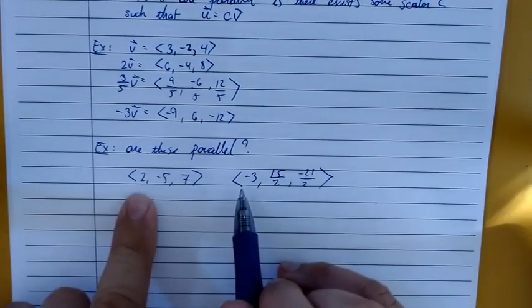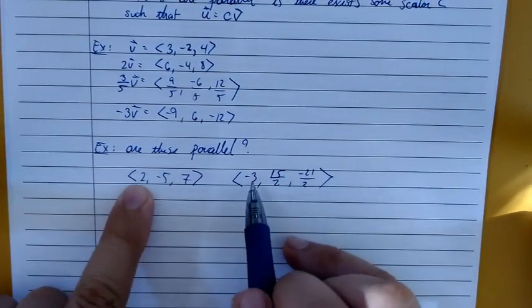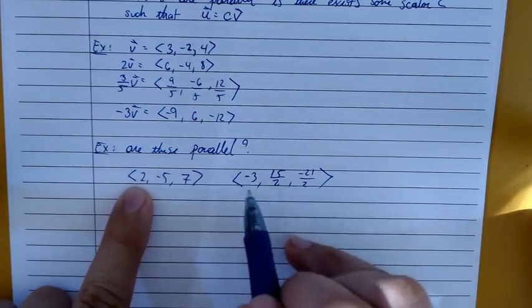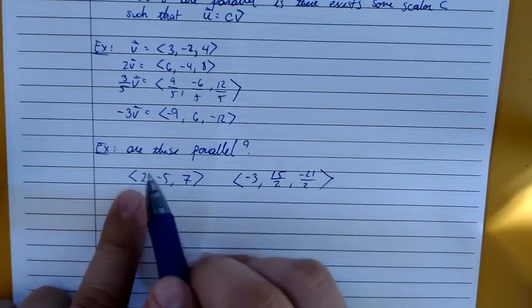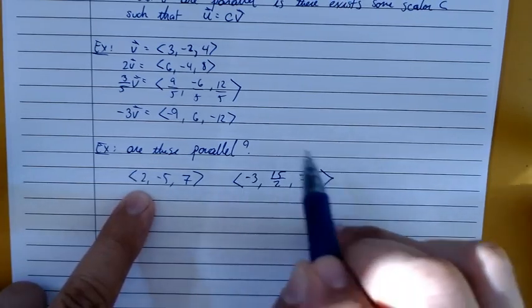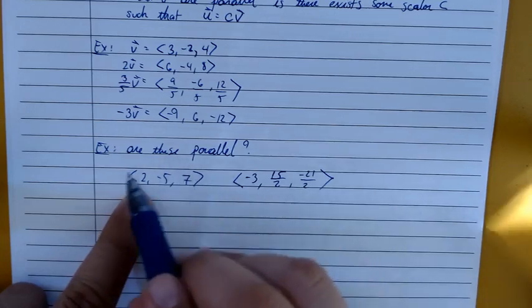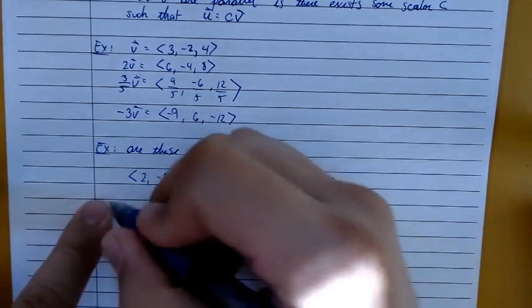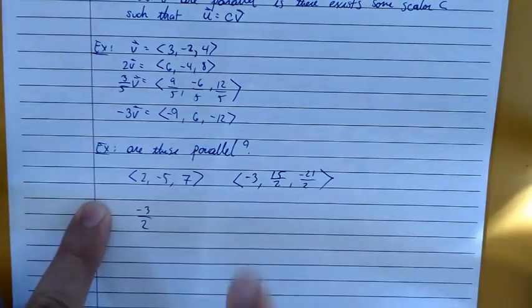Well, you can compare the scales between one and the other. Go ahead and divide these. I'm going to take the first component of the second one divided by the first component of the first one. I can do it the other way around, but let me be consistent. If you do it the other way around, that's fine too. Just be consistent. All right, so let's see. Negative 3 over 2.